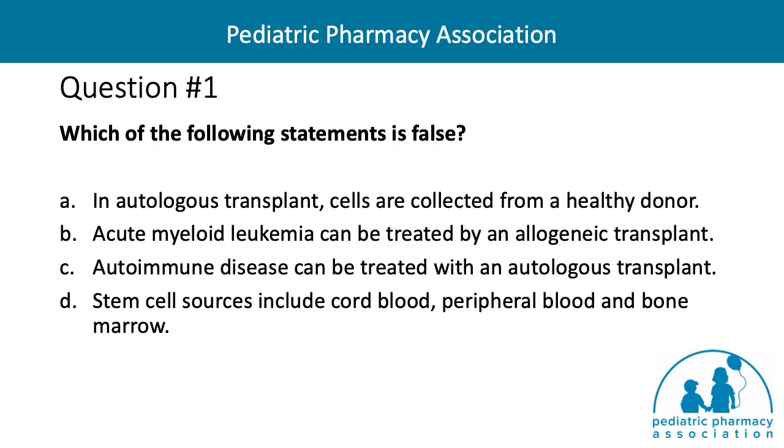Or D, stem cell sources include cord blood, peripheral blood, and bone marrow? So the correct answer is A. If you recall, in autologous transplant, the patient serves as the donor. So that's why that first statement is false.